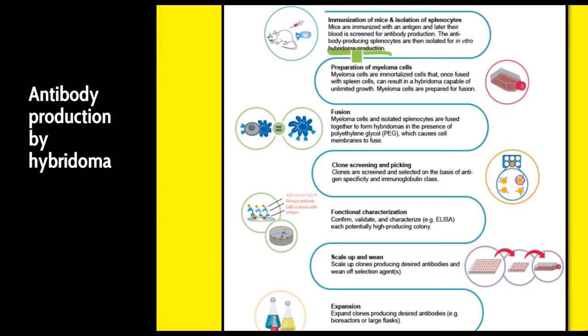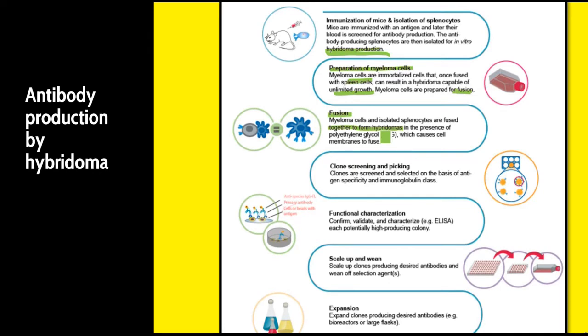Myeloma cells are immortalized cells that, once fused with the spleen cells, will result in the hybridoma capable of unlimited growth. Next step is fusion. In fusion, myeloma cells and isolated splenocytes are fused together to form hybridomas in the presence of polyethylene glycol, which causes cell membranes to fuse.